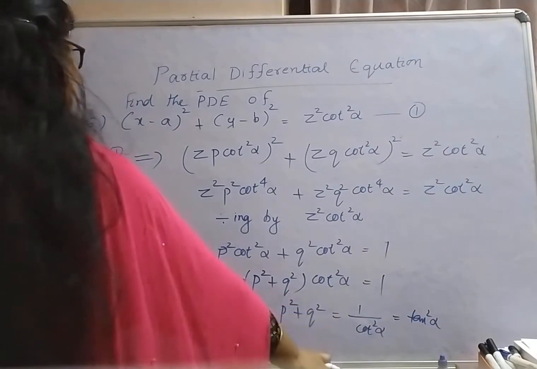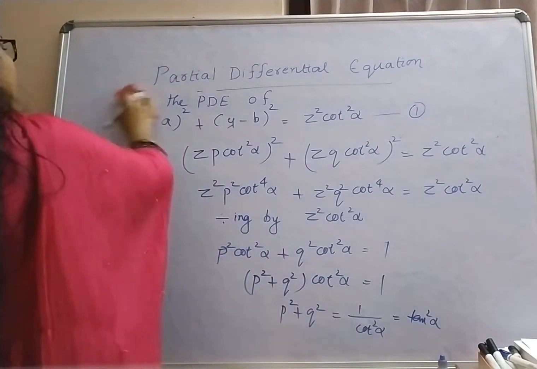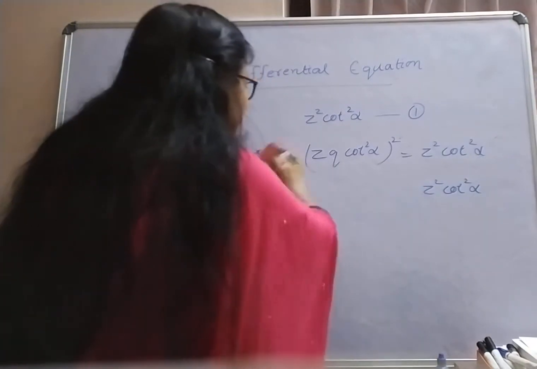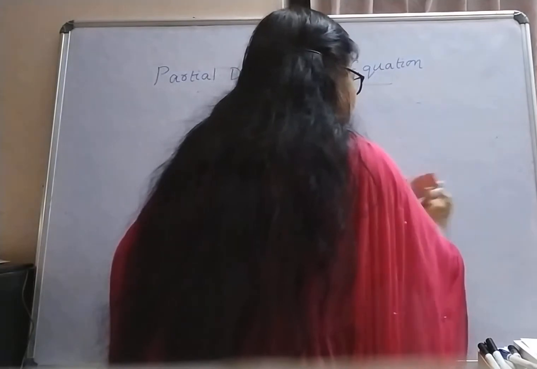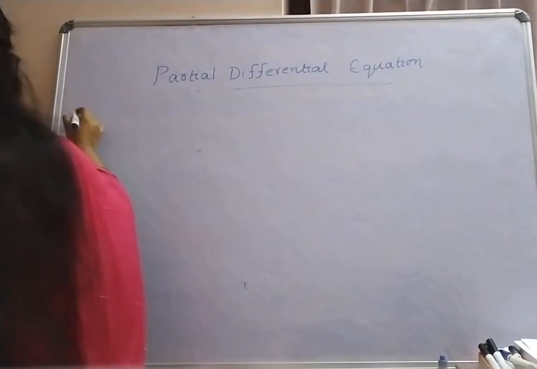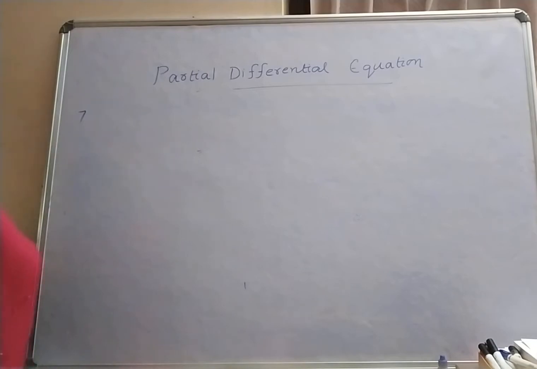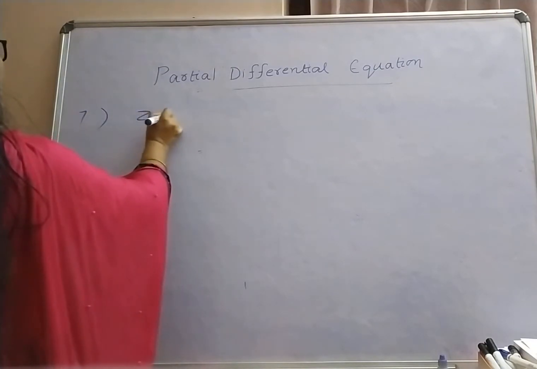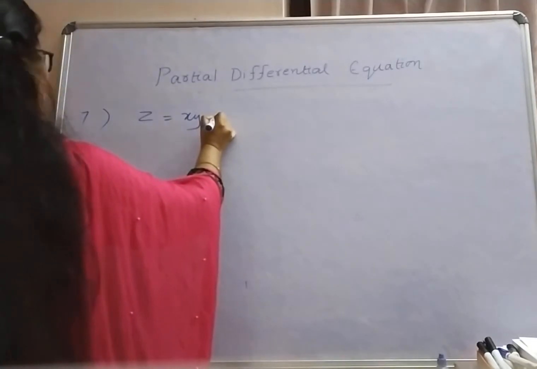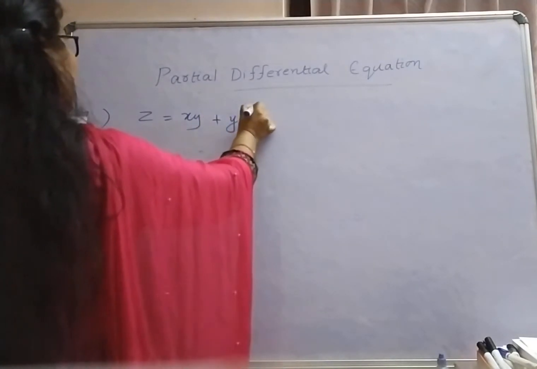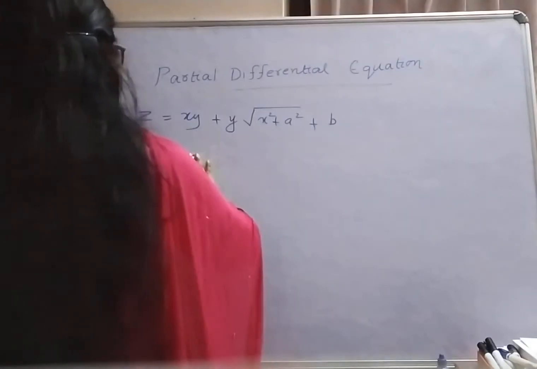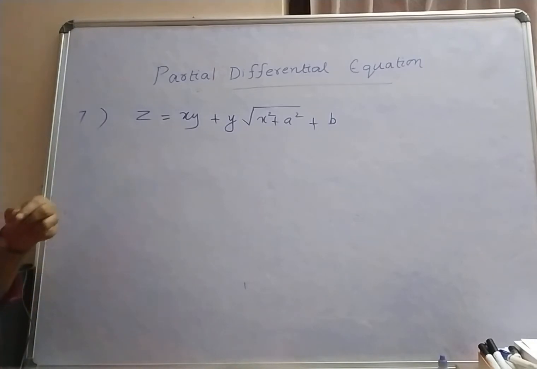Next question is, find the PDE of z equal to xy plus y root (x square plus a square) plus b by the method of elimination of arbitrary constants.